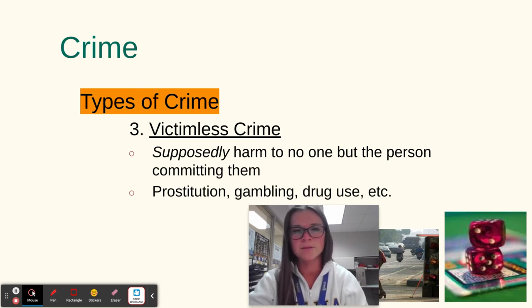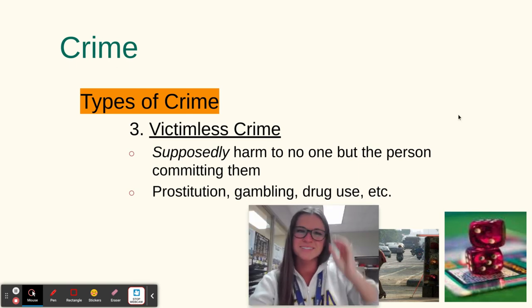Prostitution, gambling, and drug use are classified as victimless crime because technically no property is damaged, and no person is killed or injured as a whole. Obviously, there are situations that can lead to assault and being hurt or sick from drug use, of course. But these are what we refer to as victimless crimes.